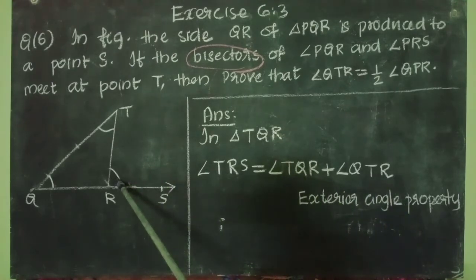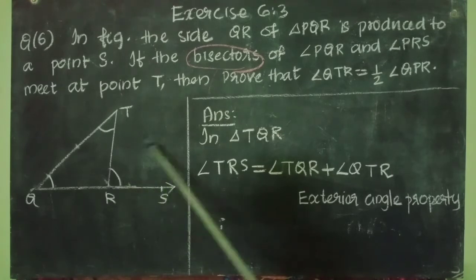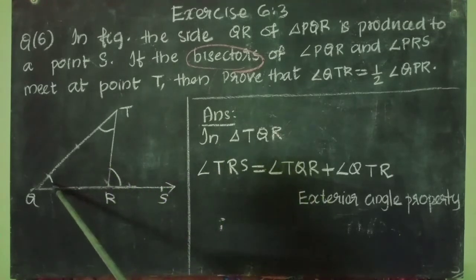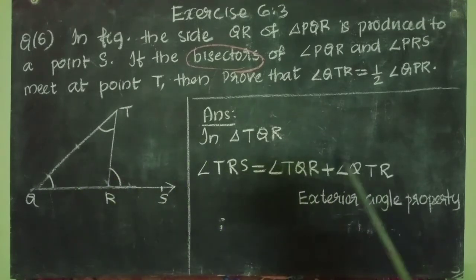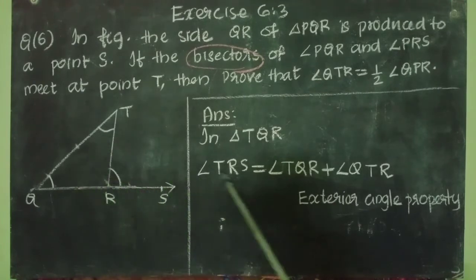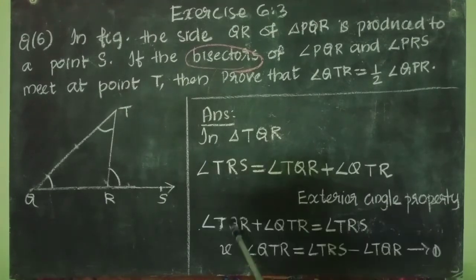TRS means this exterior angle R. TQR is angle Q, an interior angle. QTR is angle T, also an interior angle. So we have written this using the exterior angle property. I just changed the sides: we get angle TQR plus angle QTR equals angle TRS.